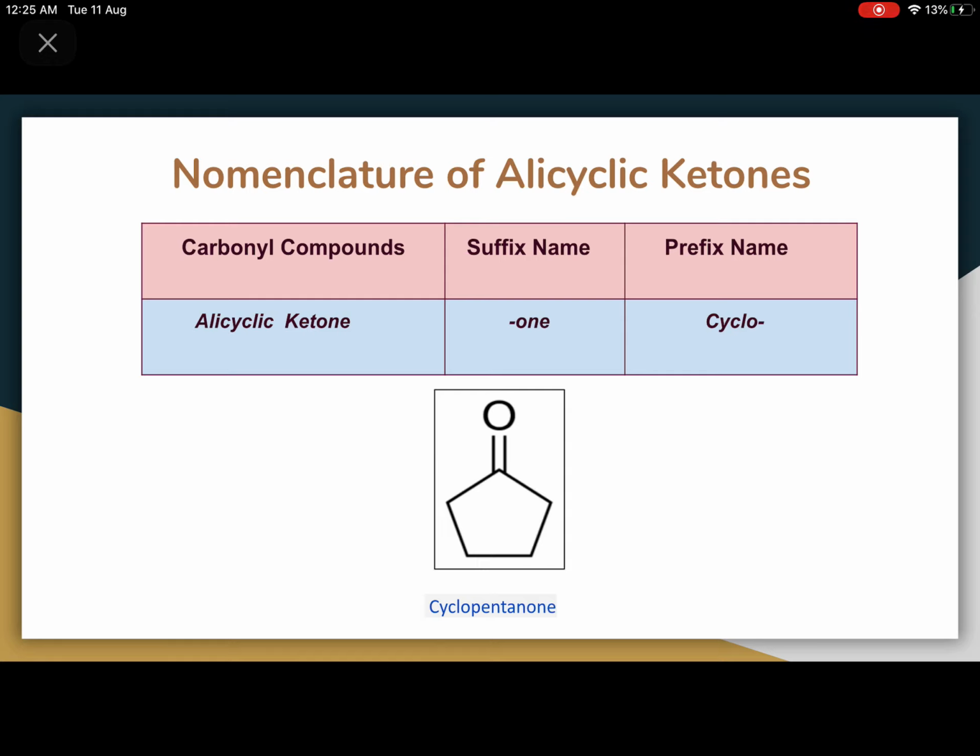Cyclopentane, right? This is basically the cyclopentane structure, in which the E of pentane is replaced by the suffix ONE. So the name of this overall structure is cyclopentanone.